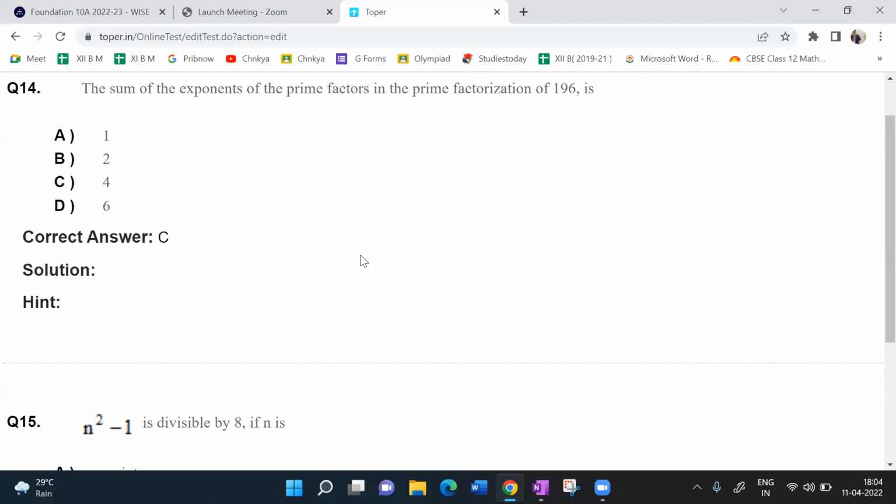Guys, everyone knows how to do prime factorization, right? Yes, sir. I'm not getting a response from every one of you, very few responses. Sir, I know how to do prime factorization.